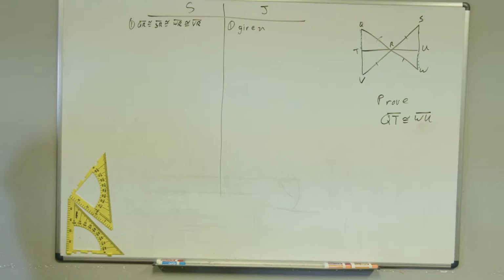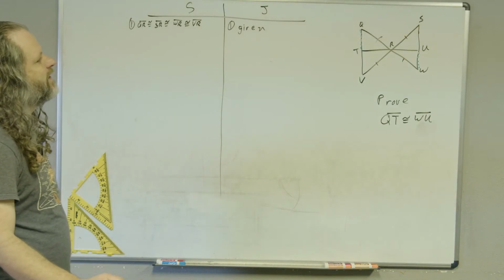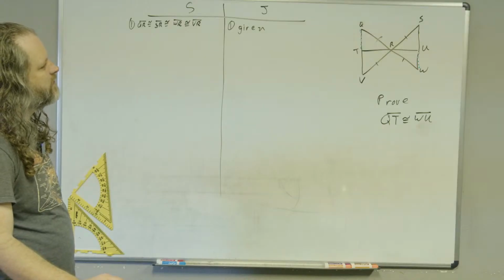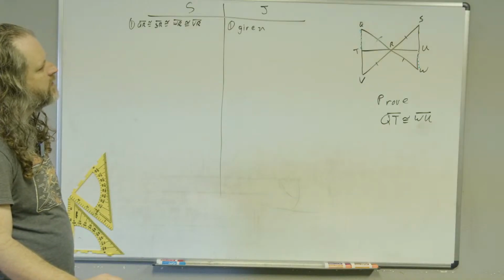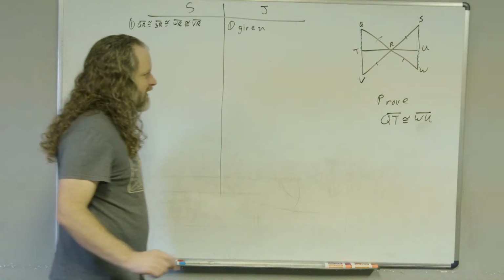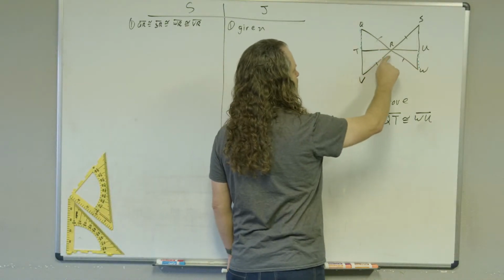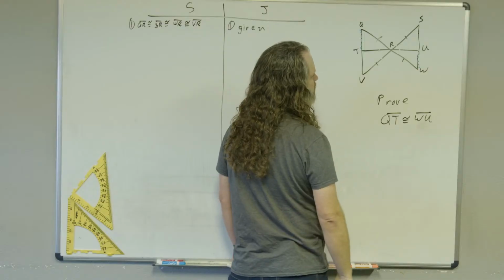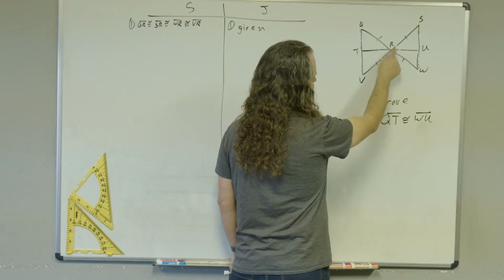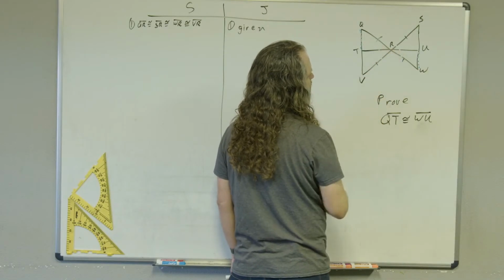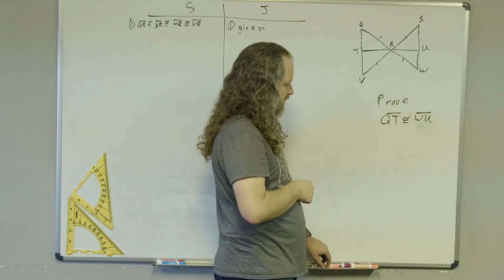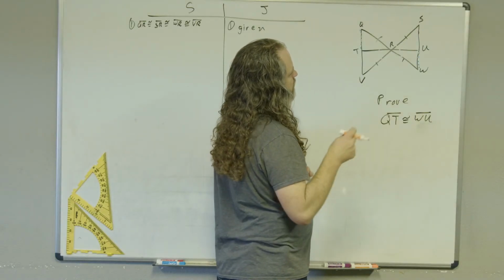I feel like the book goes in a wild direction because they say this one is congruent to this one because vertical angles, which is true, but these are also vertical angles, right? So that seems like a reasonable way to go.